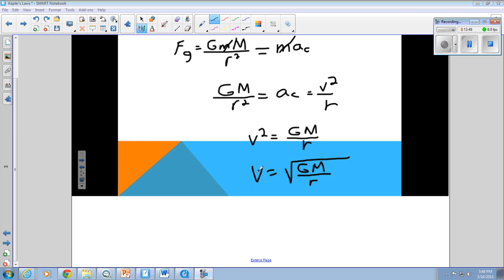And if we remember what velocity is equal to, velocity is your circumference, 2 pi r, over your period, and we're trying to define the period.